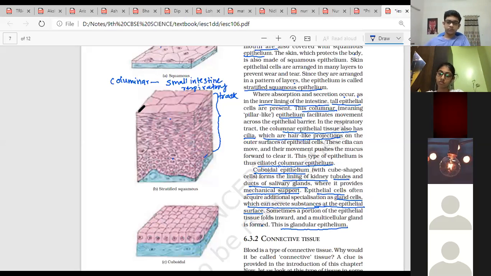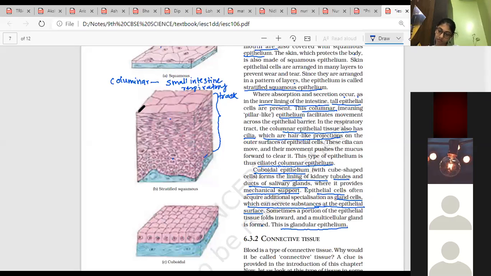Dense connective tissues have a matrix that is dense, rigid, hard, with no liquid. Examples are bone, cartilage, tendon, and ligaments. Those four are dense connective tissues.